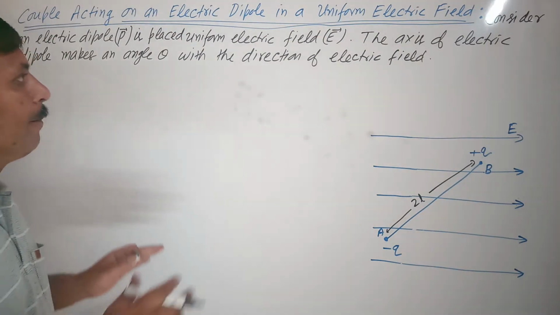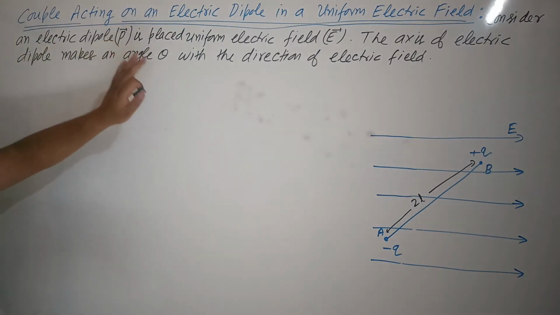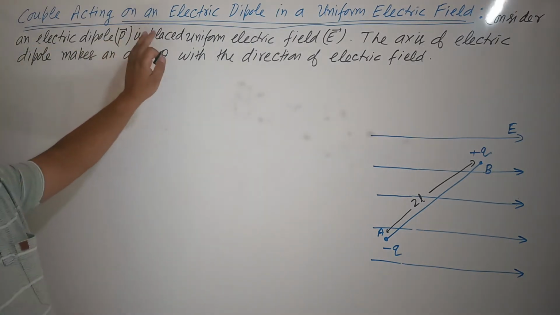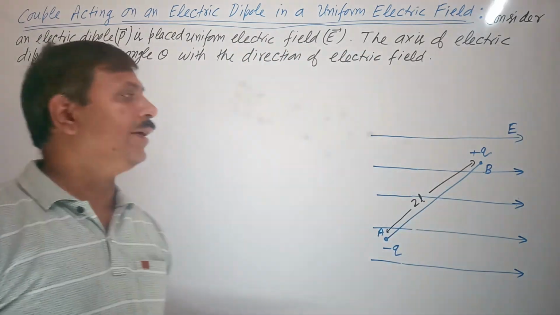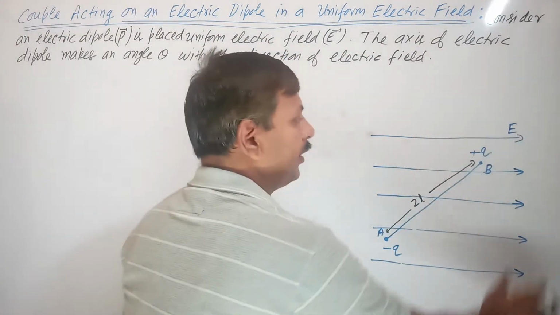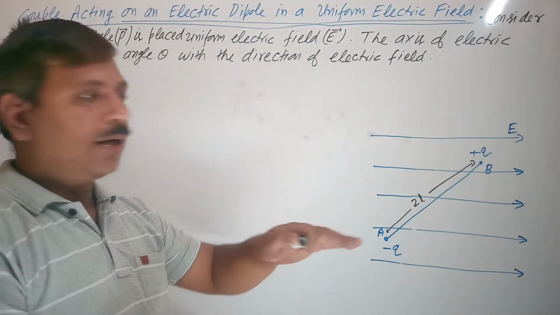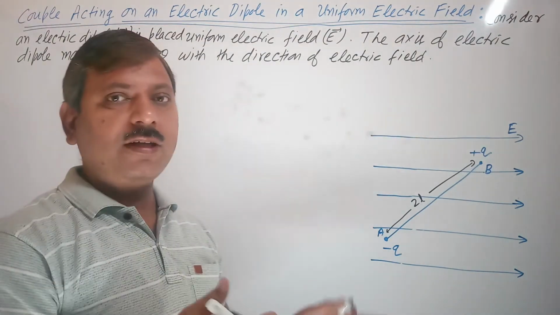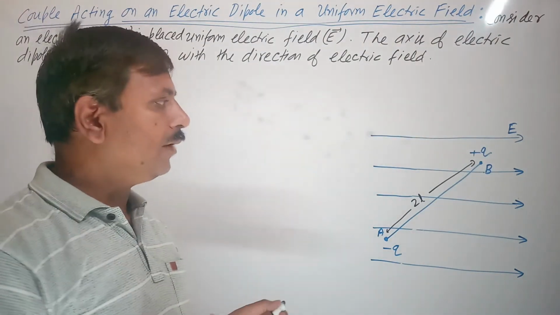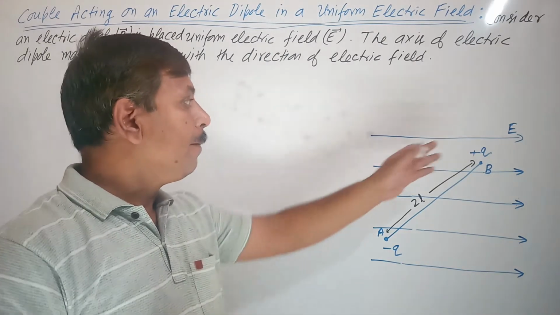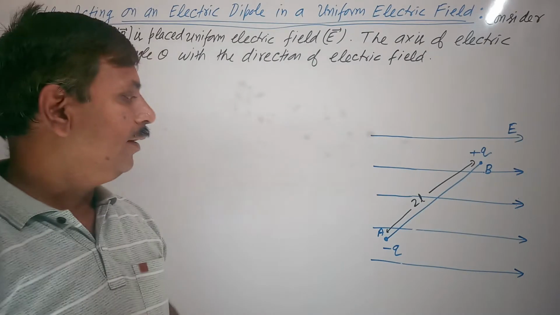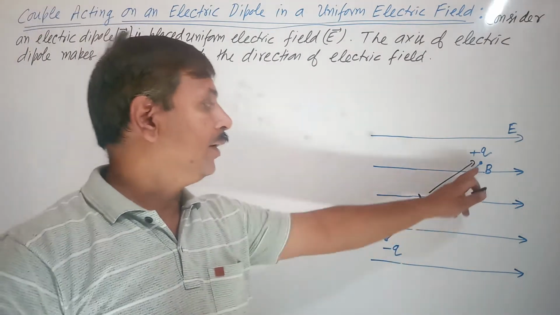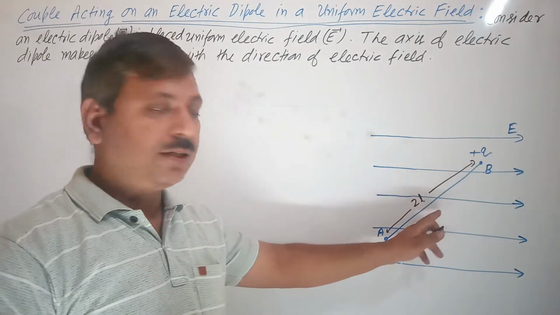Consider an electric dipole whose dipole moment is P, placed in a uniform electric field E. The lines shown are parallel and equally spaced, representing the uniform electric field E, and the dipole has charges minus q and plus q at distance 2l.